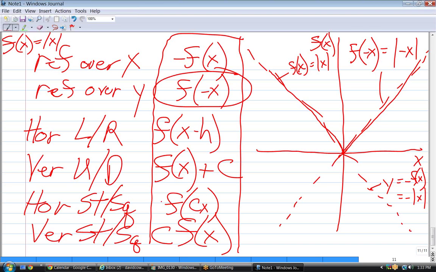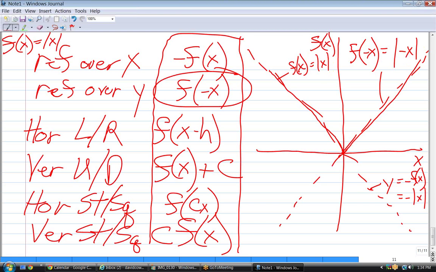That's how each of these transformations is best described. Is first of all by using the f of x notation instead of y, and describing them like I have described them over here. Now notice why f of x equaling the absolute value of negative x looks exactly the same as the absolute value of x.